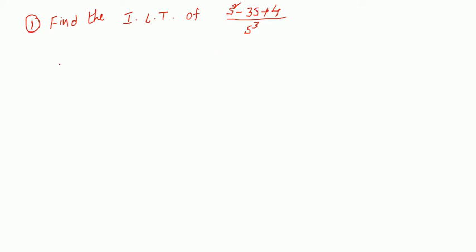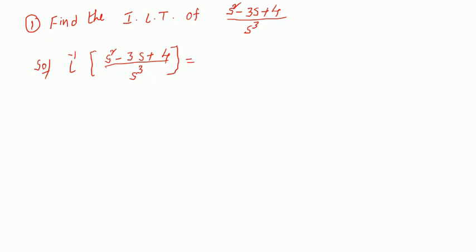How can you find it? What is the solution of this problem? We have to find L inverse of s square minus 3s plus 4 by s power 3. Here the function is in the form of a minus b plus c by d.